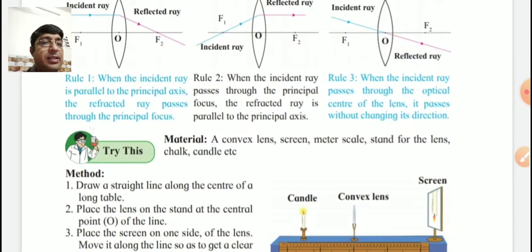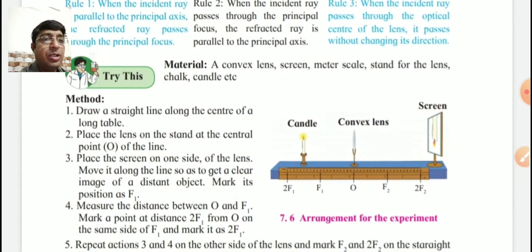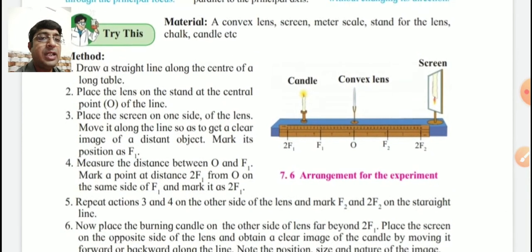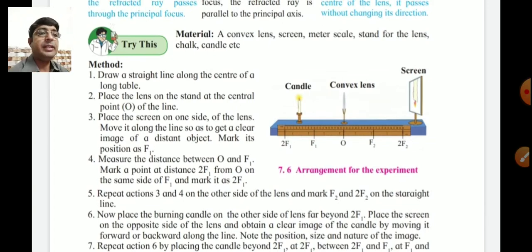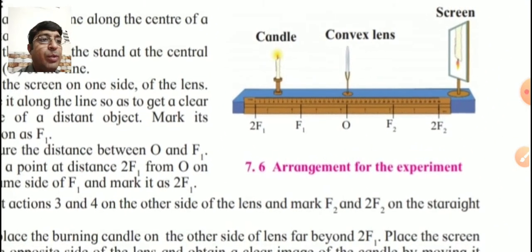Now the material and try this activity is given here. This experiment is already given in our science journal. So we will perform this experiment in our regular school, when our school is reopened, with the help of a convex lens.